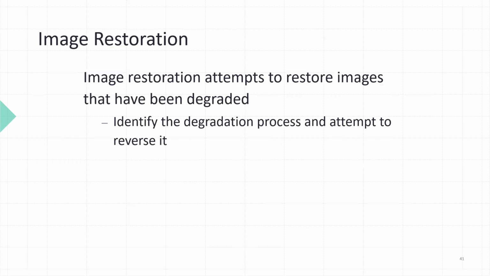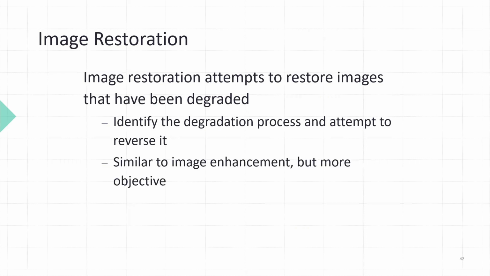Is it due to atmospheric changes? Is it due to manual or man-made changes to that particular picture? And then we can attempt to reverse it. Now, it is similar to image enhancement, but more objective. In image enhancement also, we try to enhance the hidden features.